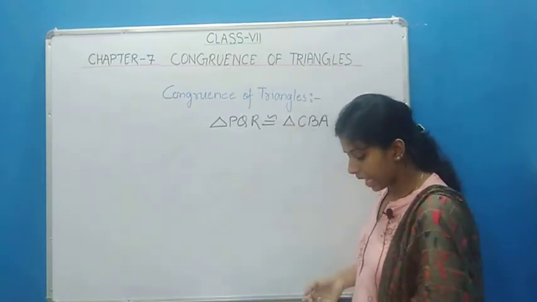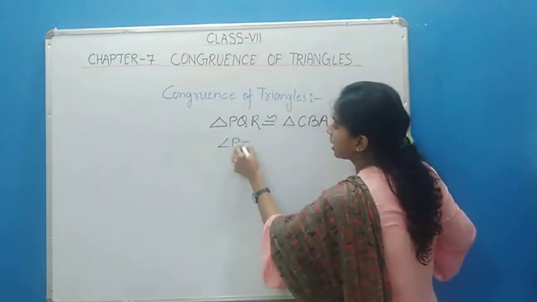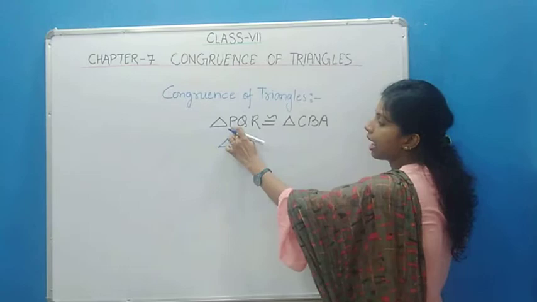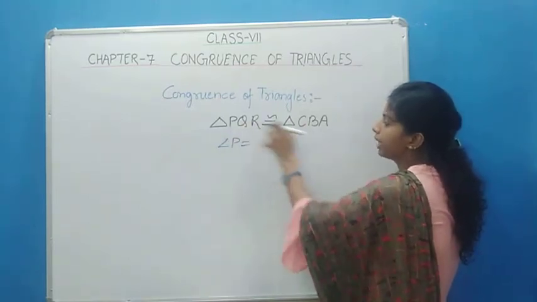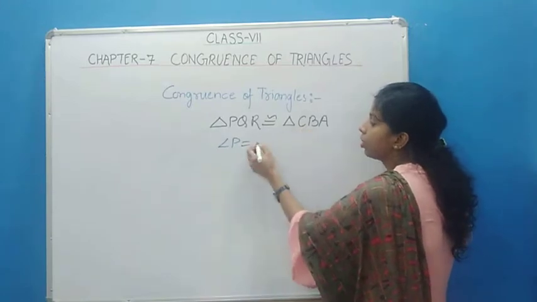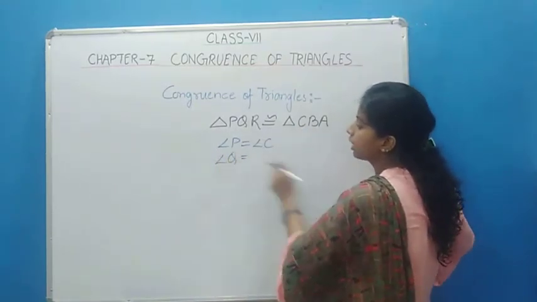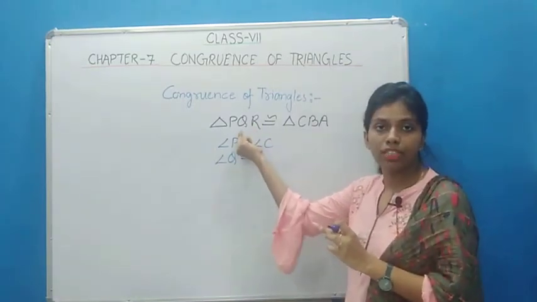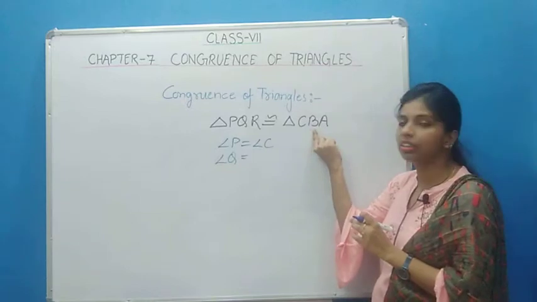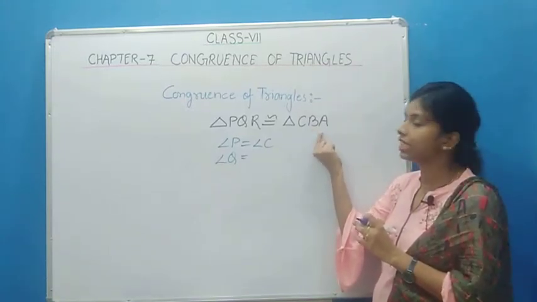We can say that angle P, at the first place, is equal to angle C. Okay, and similarly angle Q is equal to what? Q is at the middle of this name, so here we also take the angle at the middle of triangle CBA.